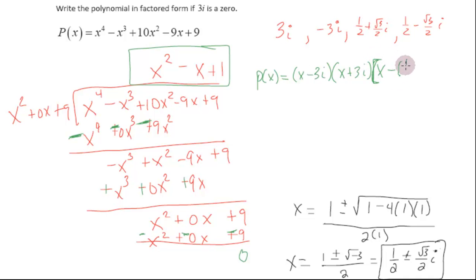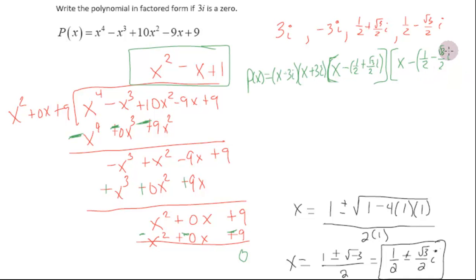So 1/2 minus root 3 over 2 i, and the bracket, and then one more with this one in it. x minus the 1/2 again, parenthesis 1/2 minus root 3, oh, I made a mistake, 2i, end of parenthesis, end of bracket.